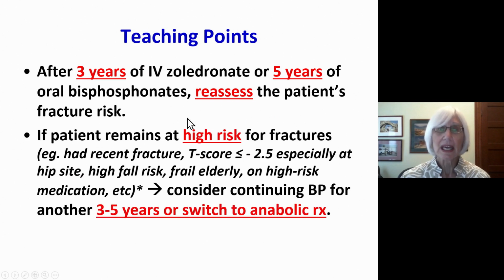risk. If the patient remains at high risk for fractures, they just had a fracture, they still have low T-scores, especially at the hip, they fall a lot, it's a frail elderly person, or they're on a high-risk medication such as high-dose glucocorticoids, aromatase inhibitors, et cetera, consider continuing the bisphosphonate for another 3 to 5 years or switch them to anabolic therapy.